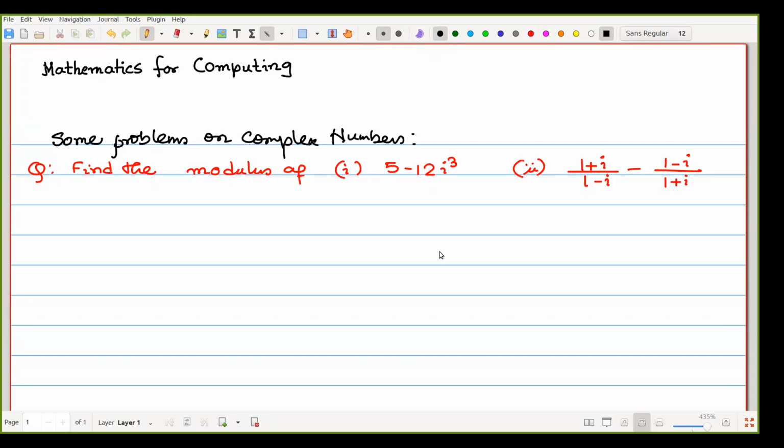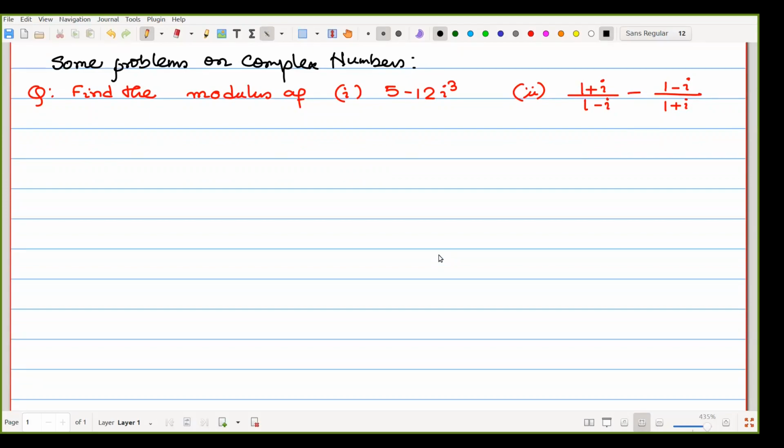As we have (5 minus 12i) cube, we are writing it as 5 minus 12i cube. Now i cube can be written as i square into i.